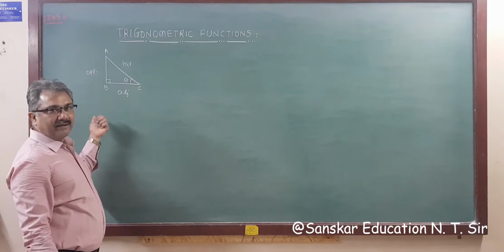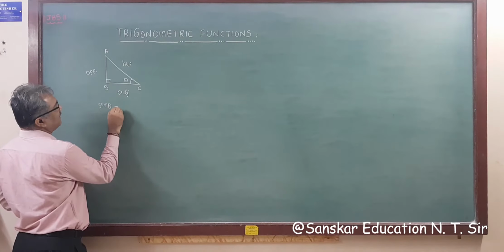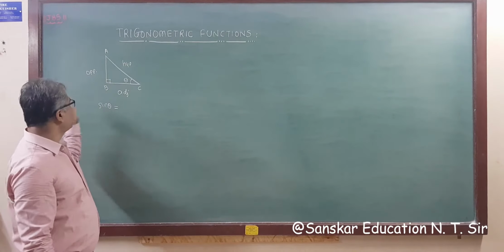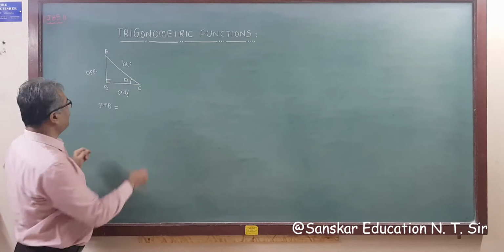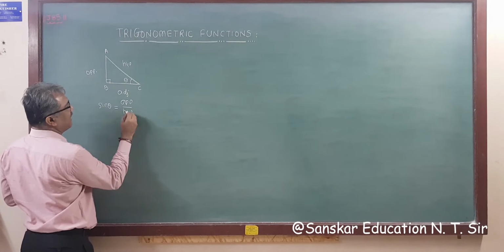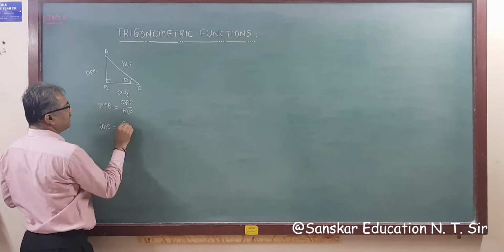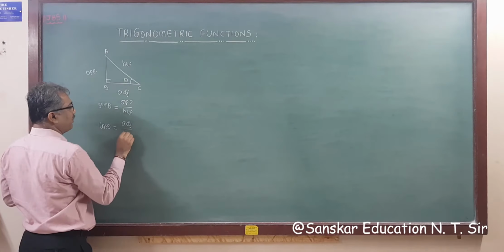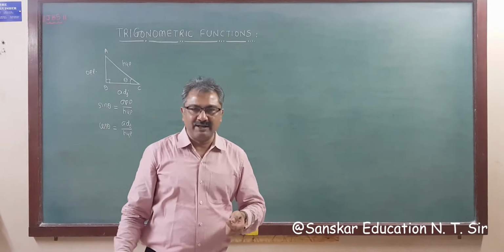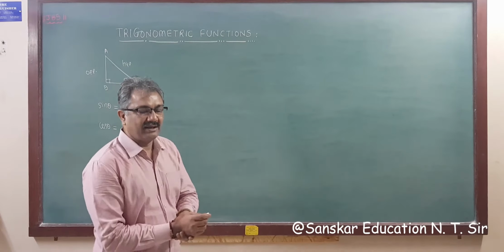Using this right angle triangle, we define sine theta as a ratio of the sides of a triangle. So sine theta means opposite upon hypotenuse, and cos theta is adjacent upon hypotenuse. Similarly, we define tan, cot, secant, cosec.